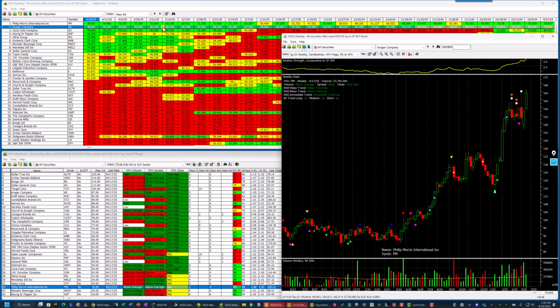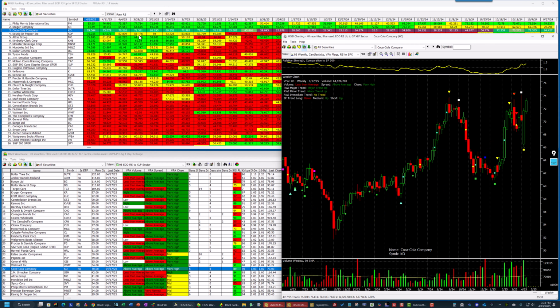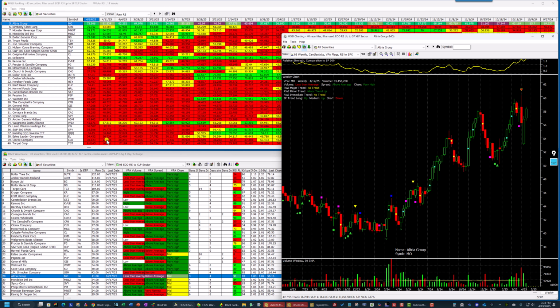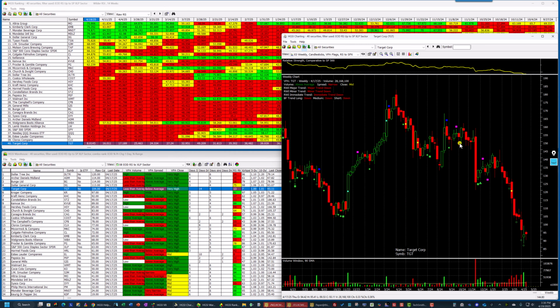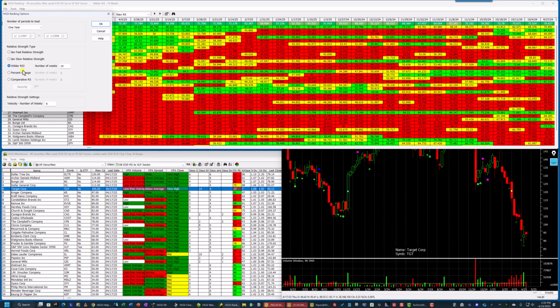Philip Morris, Kroger, Coca-Cola. Now these look a lot stronger, don't they? Go down to the weakest stock, Target. So there's a lot of people bottom fishing Target right now. But that's the way I use the ranking module for long-term strength as far as charts go.